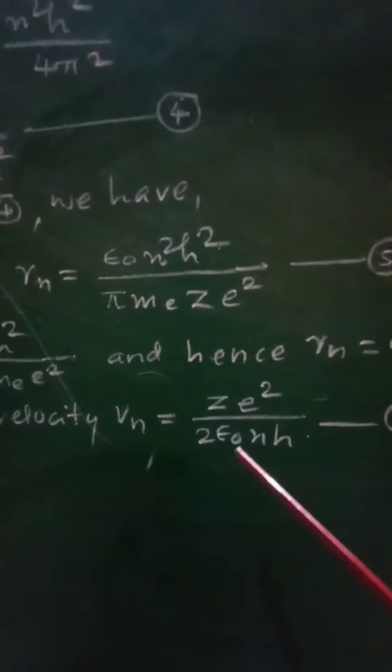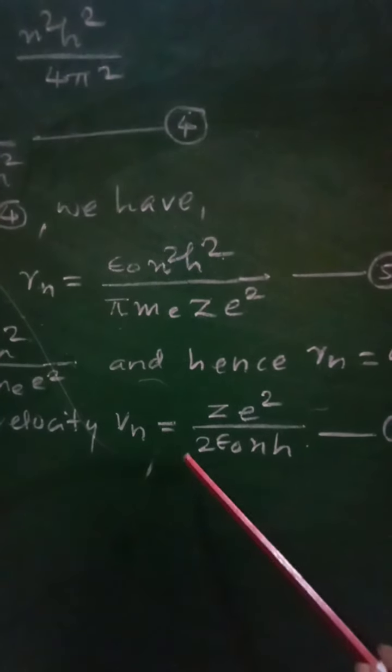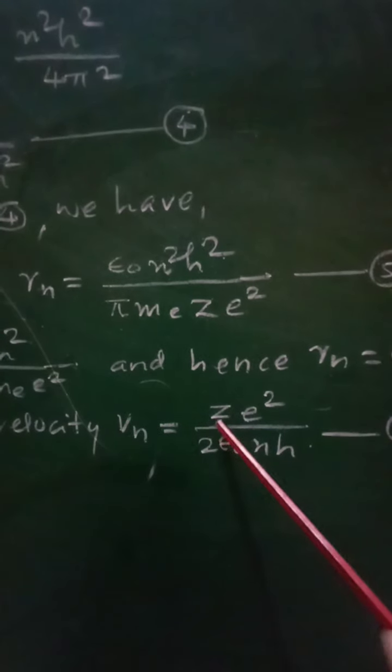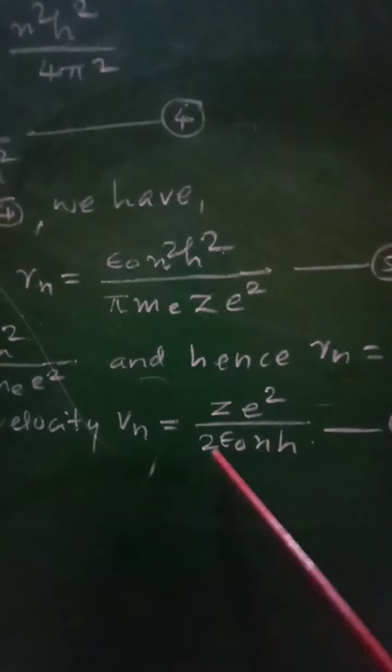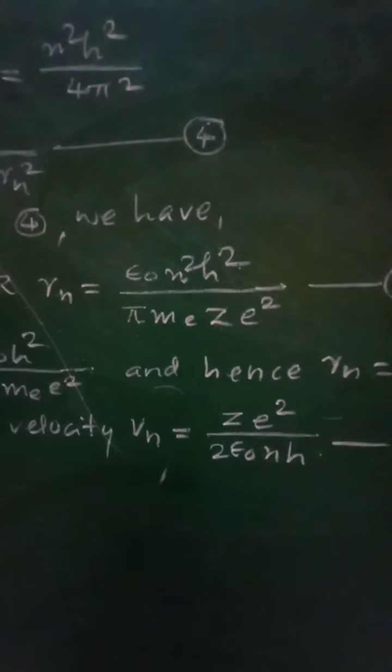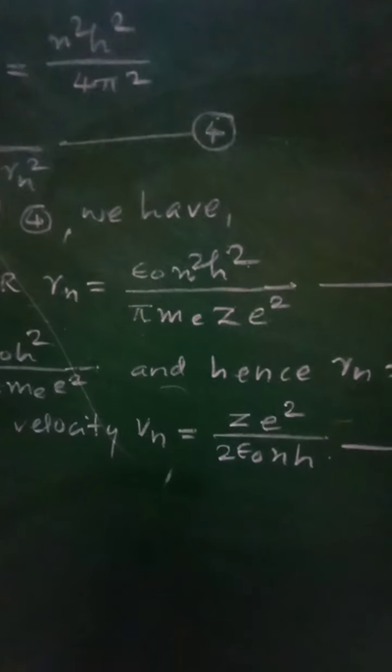This equation gives us the velocity of the electron in the nth stable orbit. So this was regarding the radii of orbits.